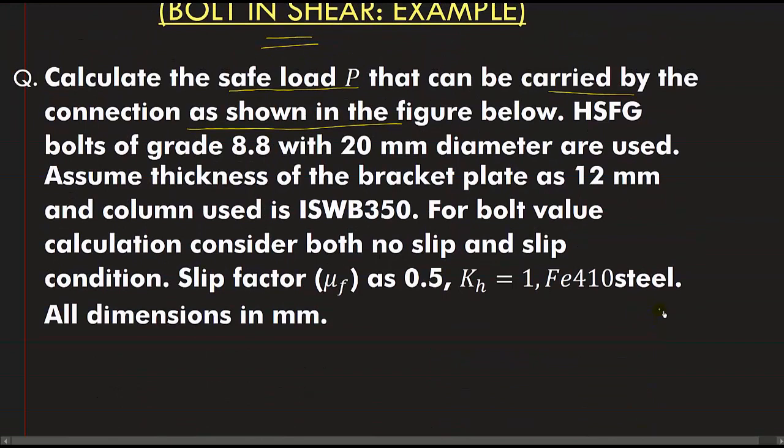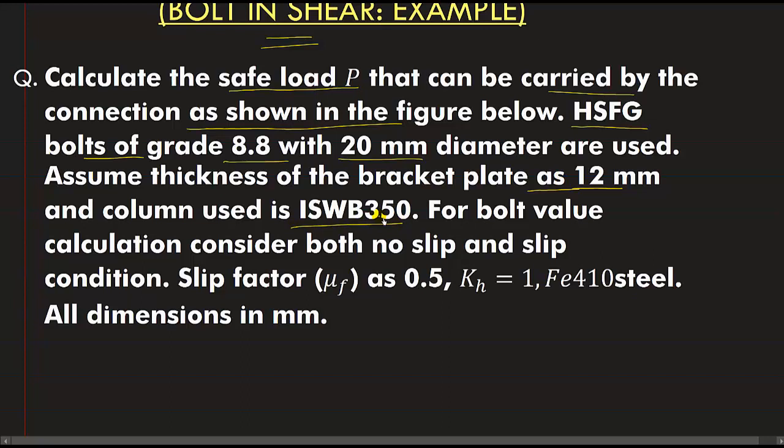And what are the other things that are given? We have been given HSFG bolts of grade 8.8, the diameter of the bolt is 20 mm, and assume that the thickness of the bracket plates is 12 mm. We also have to use a column of type ISWB350.